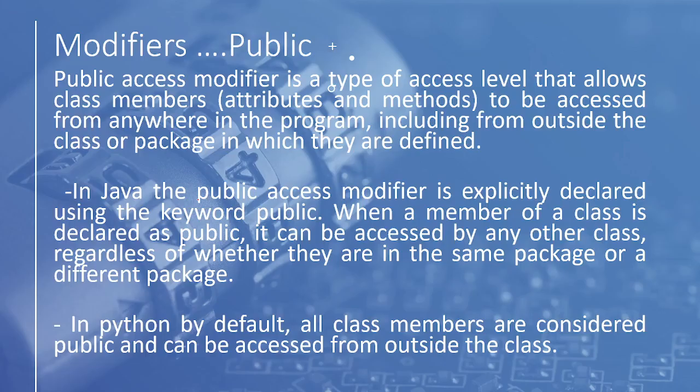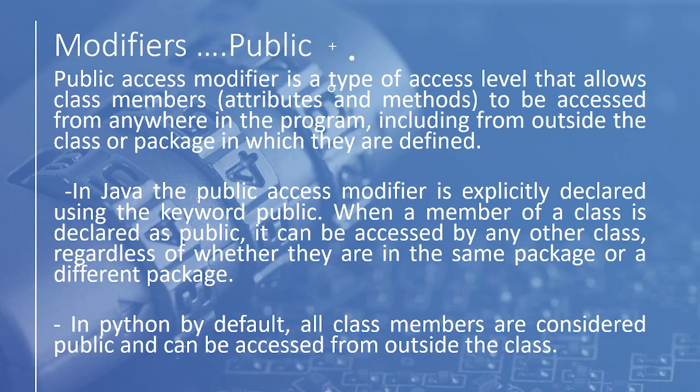We have seen the examples, but next, the last one is the public modifier, which is the default modifier for Python, not for Java, and is also very important. In Java, the public access modifier is explicitly declared.